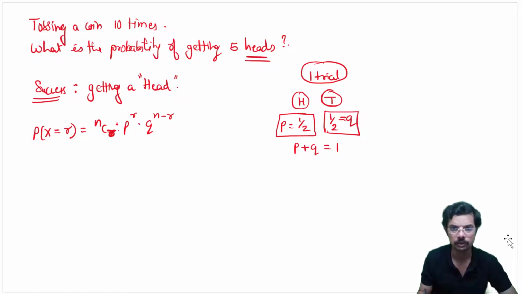Here we know that p plus q is equal to 1, so q is equal to 1 minus p.